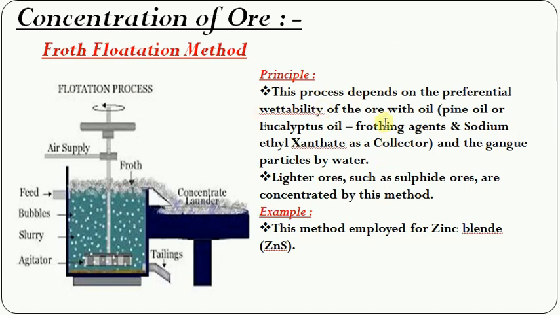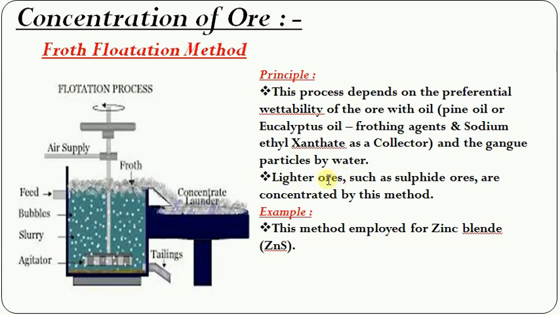So some salts are wet by oils, some substances are wet by water. Now look at this. Here the ore particles are wet with oils, usually pine oil or eucalyptus oil, which we call frothing agent. That means which creates bubbles or foams, along with collector molecules like sodium ethyl xanthate, which has a major role. The sodium ethyl xanthate combines with the lighter sulfide ores and makes them water repellent.